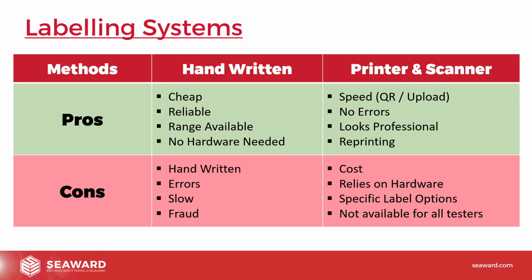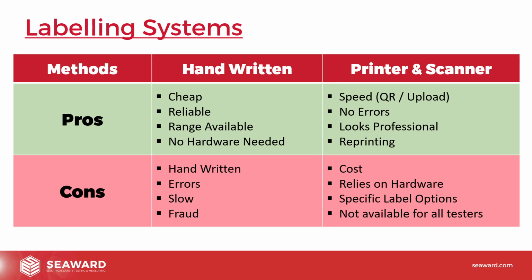And also fraud. Fraud is a big one. We're always worried about people just getting a big roll of PAT testing stickers, running around, putting stickers on everything. There you go. That's it. And then claiming the money for it, or claiming that they did the test that they didn't actually do. So handwritten stickers and that side of things is potentially a way where people could be fraudulent if they wanted to be.